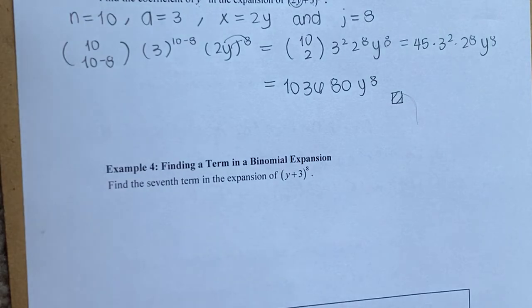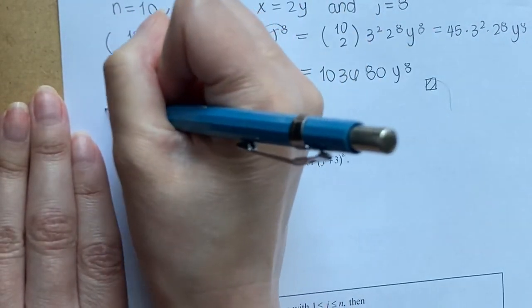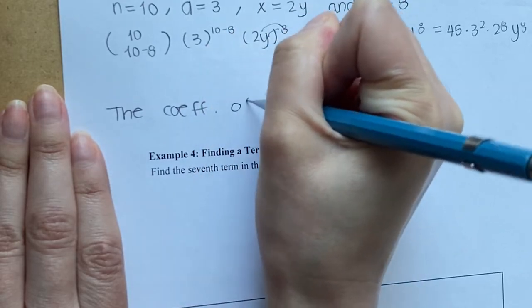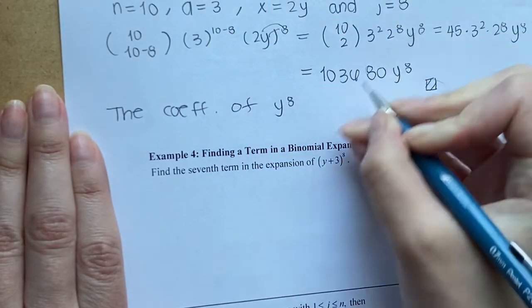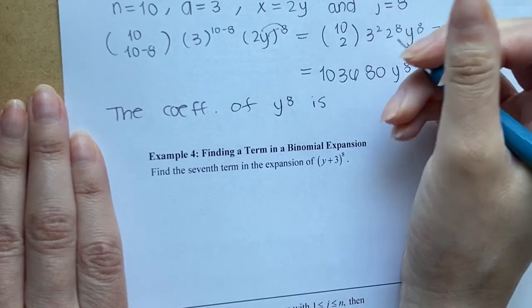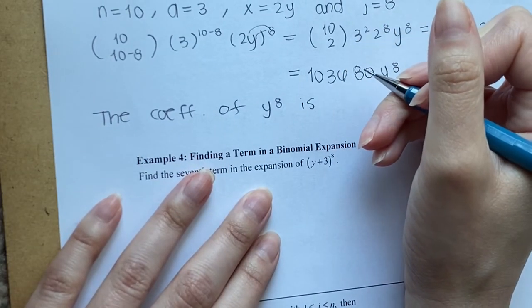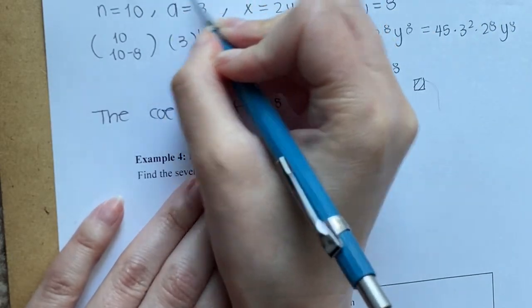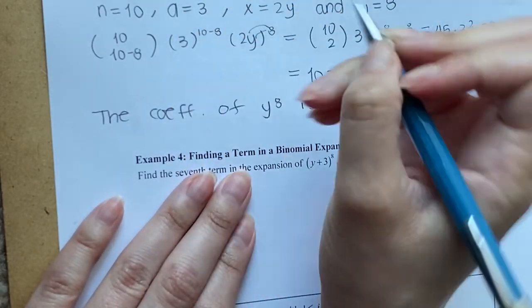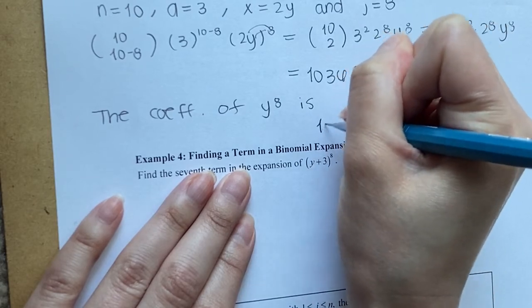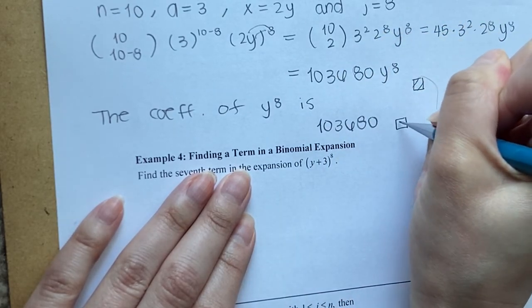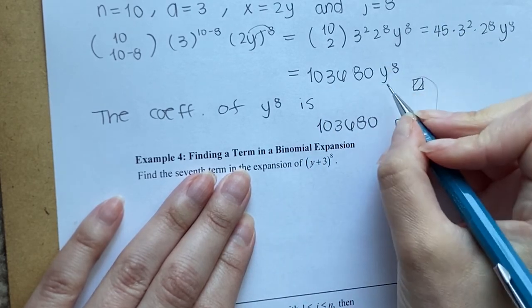So what can you conclude? The coefficient of y to the power of 8 is what? Since they are talking about the coefficient, the coefficient is just the number, right? So the coefficient is going to be this guy. Remember, what's the coefficient? The companion of the variable. What's your variable?